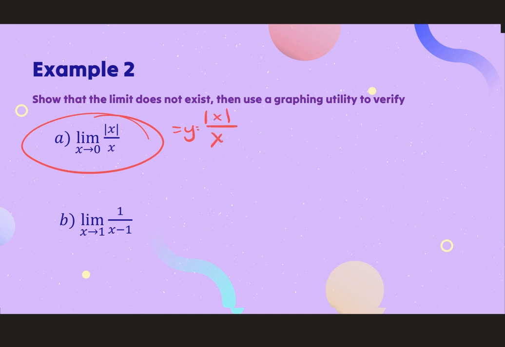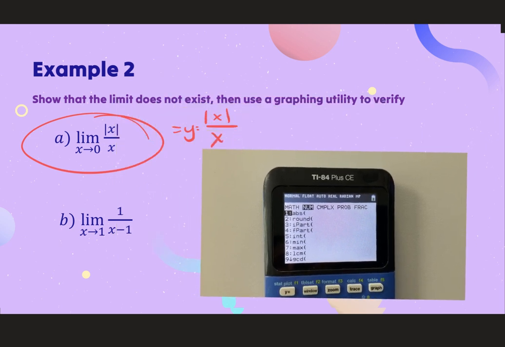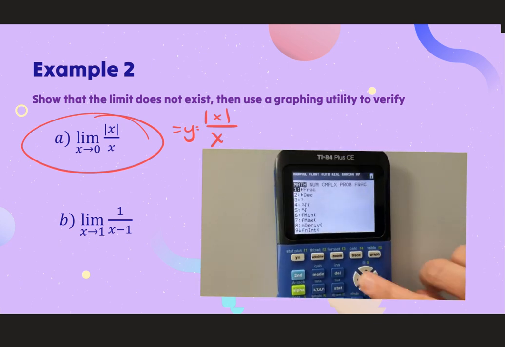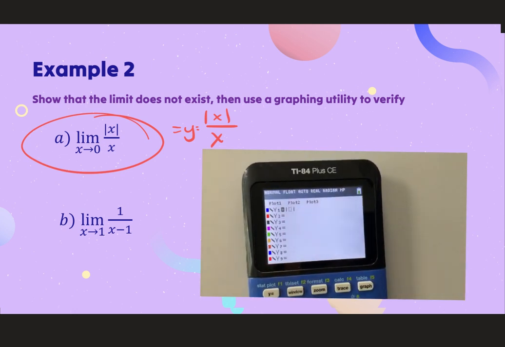So when I go to my y equals, we don't have absolute value bars on our calculator. You have to go to math and scroll over to NUM for number. So I'm going to go to y equals. I click on math, I scroll over to NUM, and I grab ABS, that's absolute value, okay?